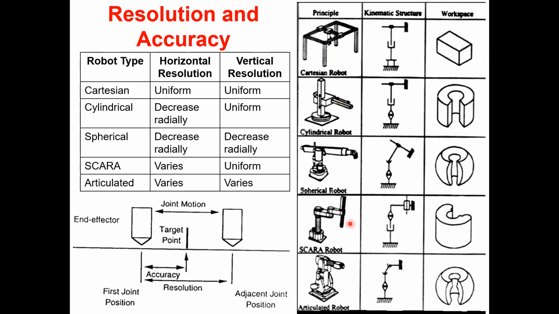And on this table, you can see the kinematic structure. If you read research papers, you will not see the manipulators like what you see here in the first column. Sometimes you do, but not very often. What you see very often is this kind of structure.